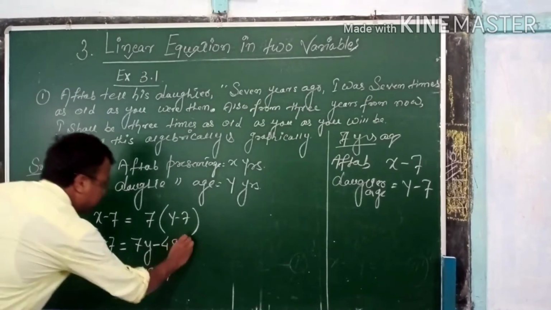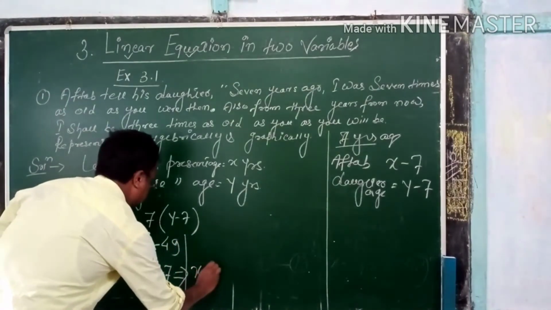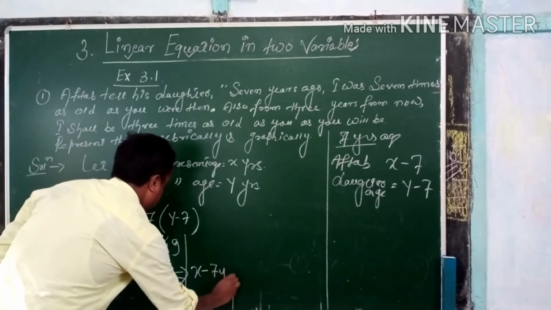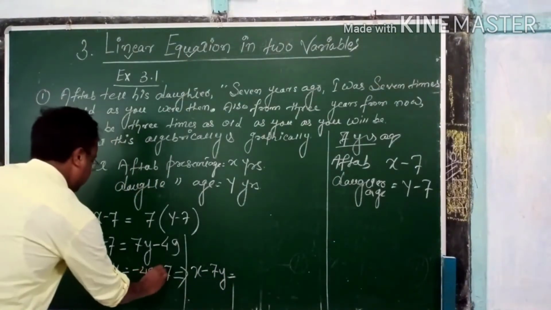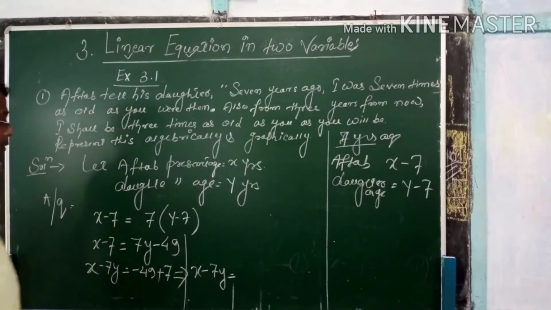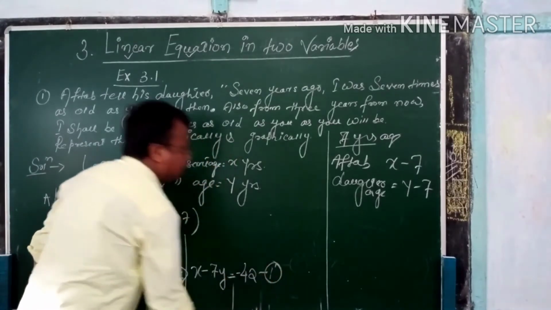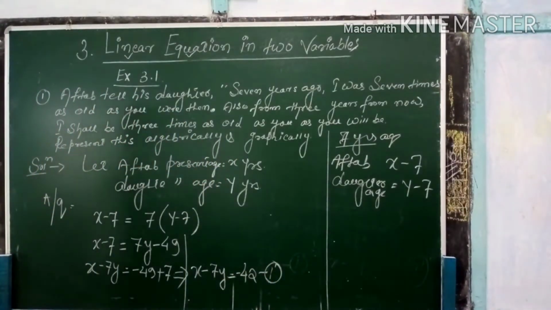Implies x minus 7y is equal to, sorry, it is plus. If you transpose it to that side, it will become plus 7. So it is minus 42. This is equation number 1. Clear? This is about the first condition.